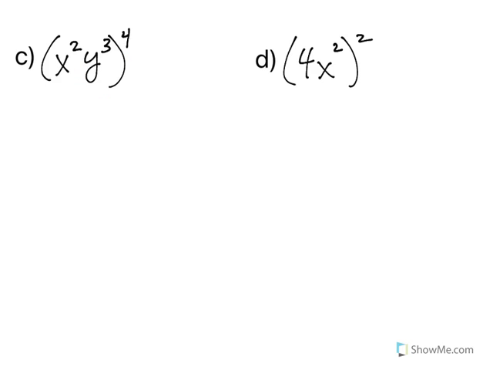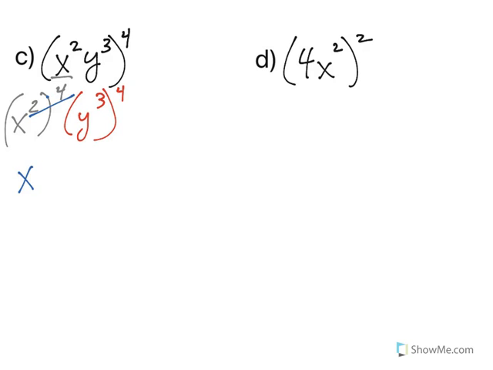Letter C, (x squared times y to the 3rd) raised to the 4th. Now we're getting into some excitement. Depending on how you do it, I'm a very visual person, so I like to write things out. I start with x squared, and I raise that to the 4th. Then I have y to the 3rd, and I raise that to the 4th. Now I can simplify, and with my x's, power to a power, I multiply.